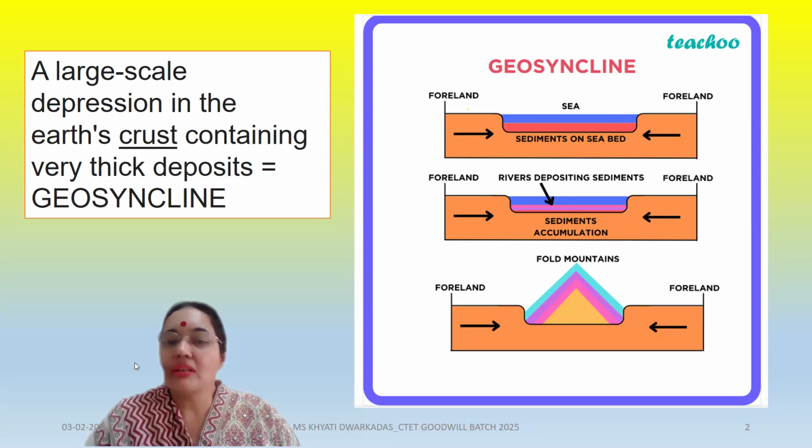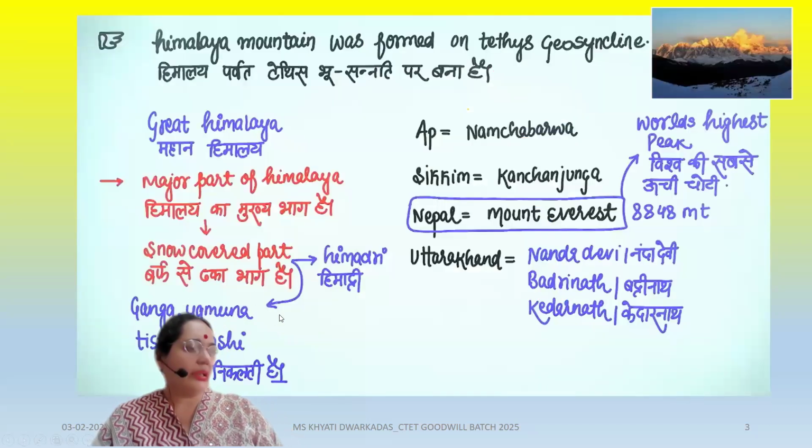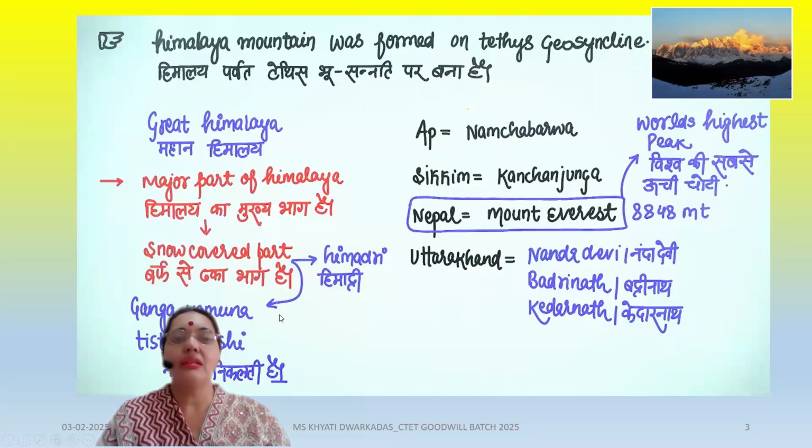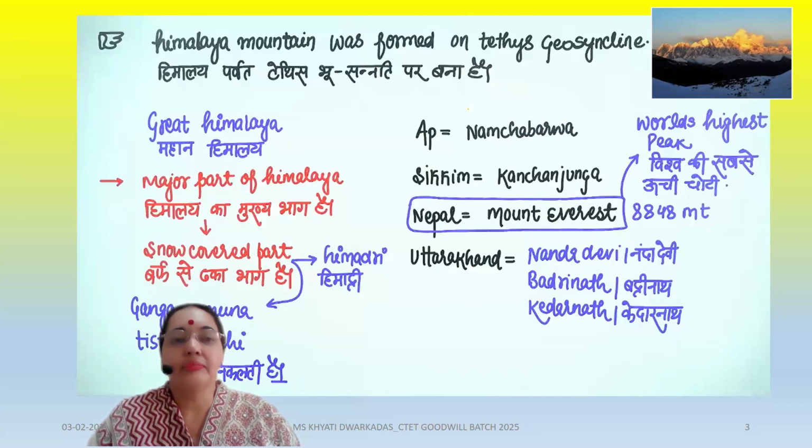Now we shall see further. Like I told you, the Himalayas or the Himalayan mountains were formed on the Tethys Sea geosyncline. And last time we studied about the Greater Himalayas. We did talk about the major part of the Himalayas being snow covered.